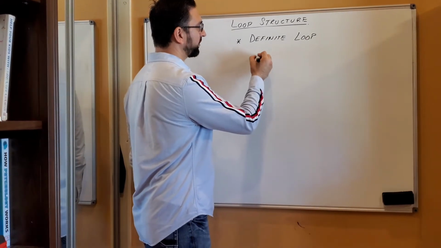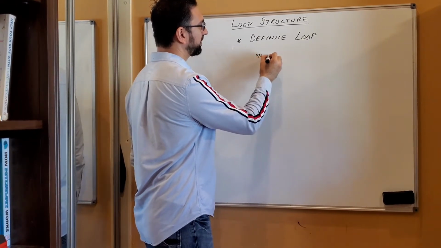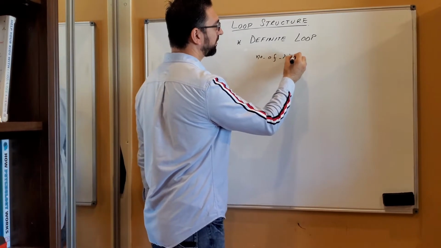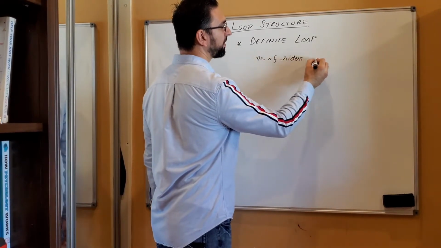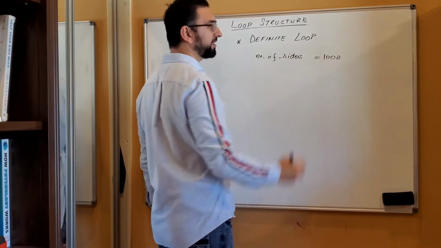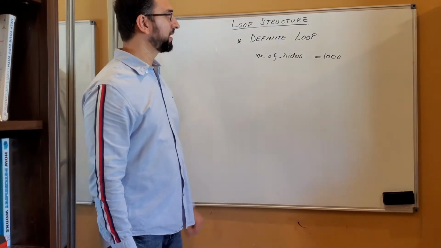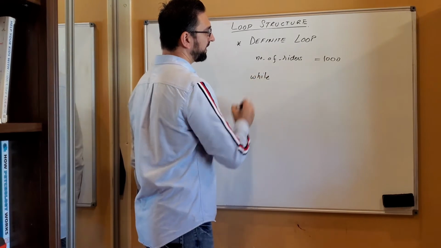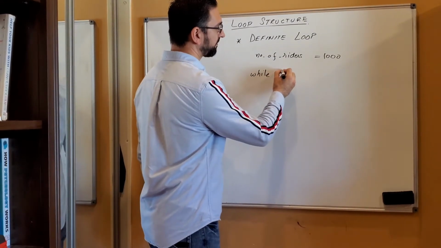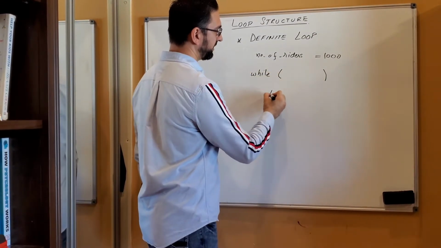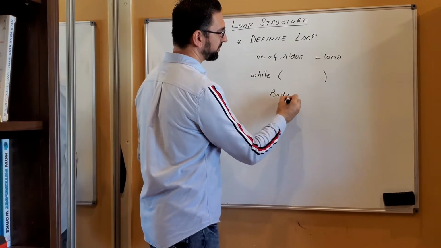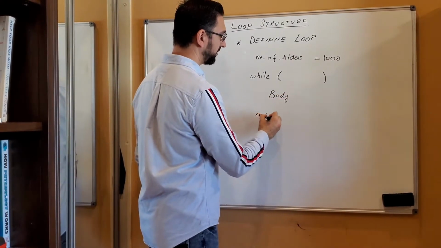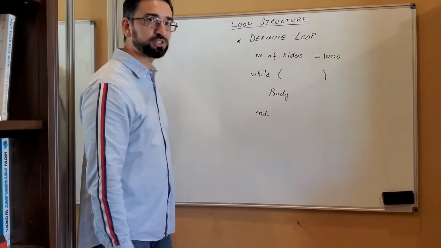In our case, it was number of riders equals 1,000. Okay, so we know we have to process 1,000 riders, and the loop we use is a while loop, which checks the condition, executes the body, and then ends the loop if the condition is false.